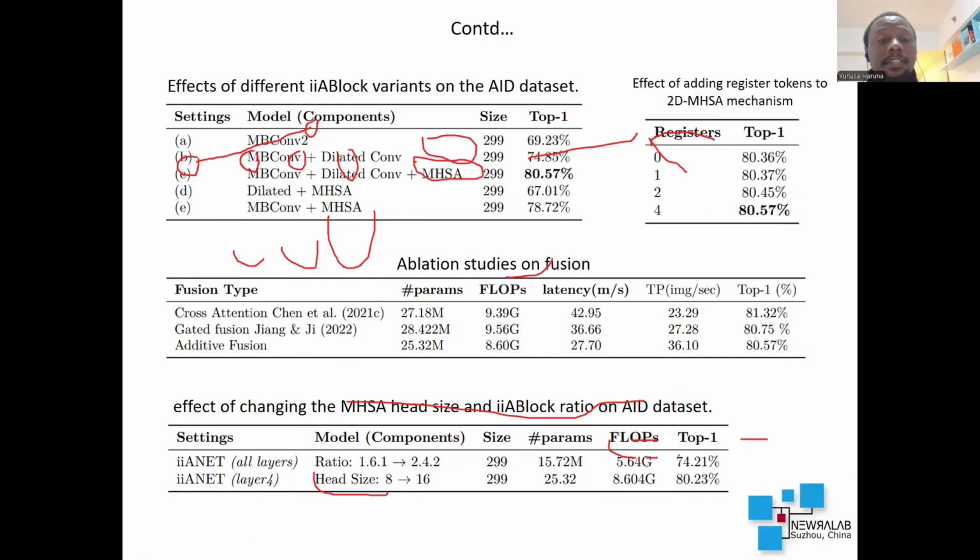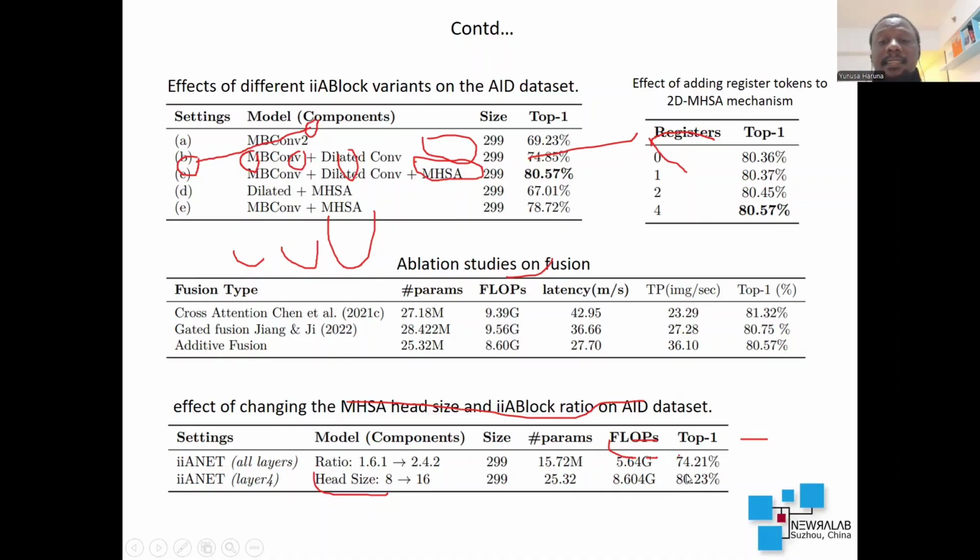So iiABlock has a ratio, which the default ratio is actually 1 to 6 to 1. So we played with it by changing it to 2 to 4 to 2. And we have a huge drop in the parameters. And the flops here also drop, but at the cost of top 1 accuracy on the image dataset.